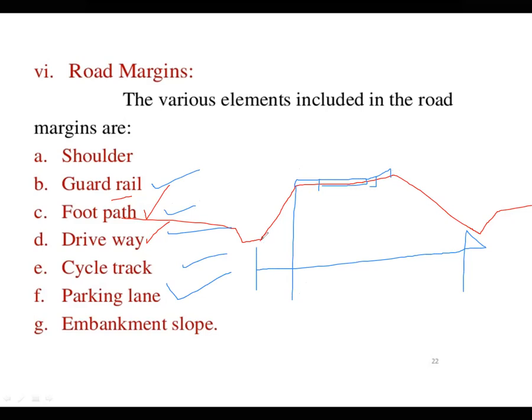Then this portion came in light. This extra length which is provided is the length due to the embankment slope. The length due to the embankment slope is important because the carriageway must be constructed minimum 0.9 meter above the high flood level.